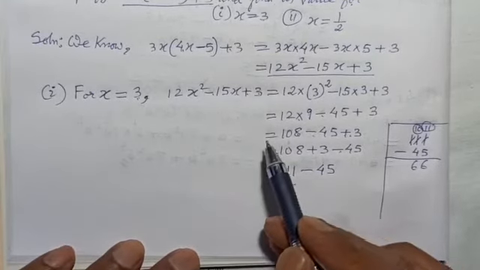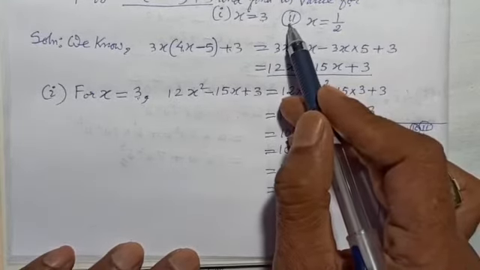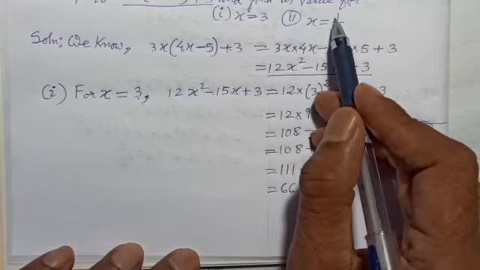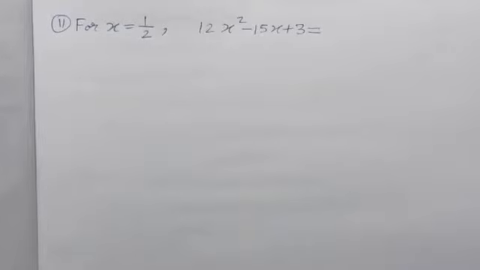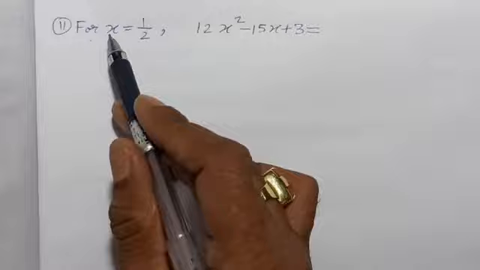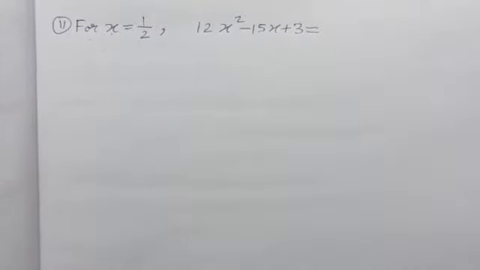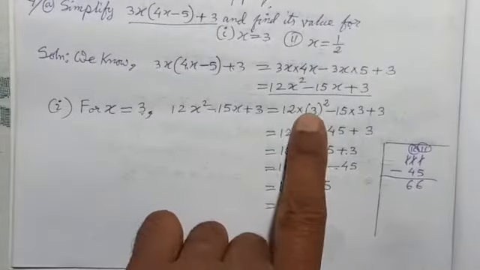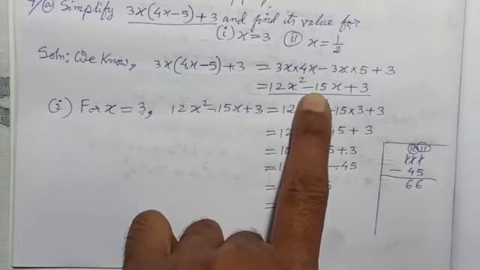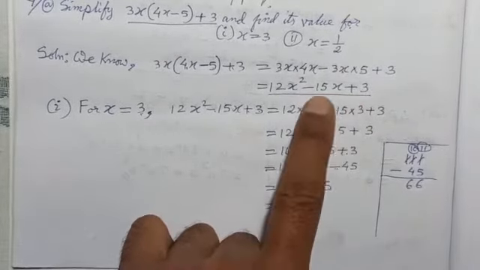Now let's try this Roman number 2. In Roman number 2, x is equal to 1 by 2. So for x equal to 1 by 2, we take 12x square minus 15x plus 3 from here. Now let's find out this value when x is equal to half.